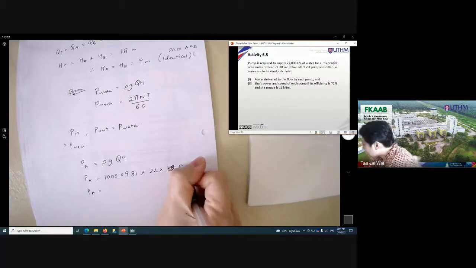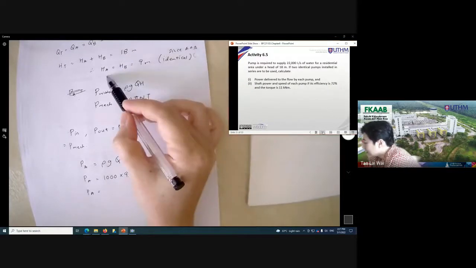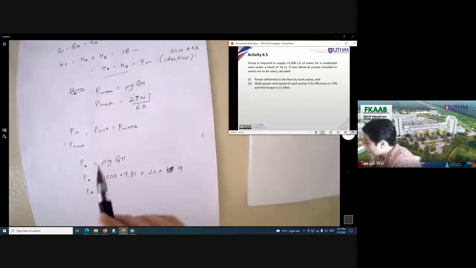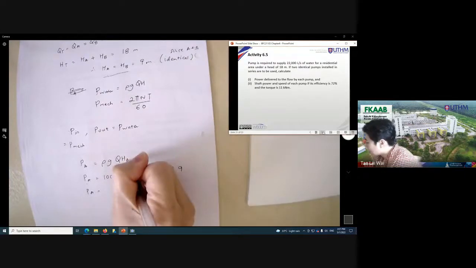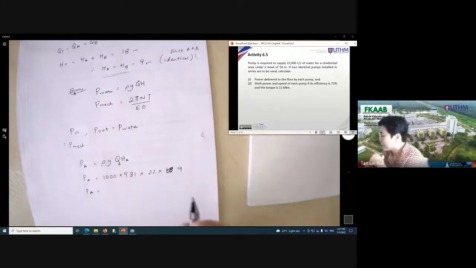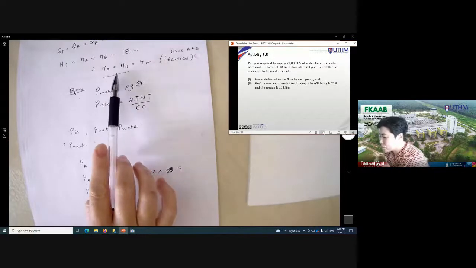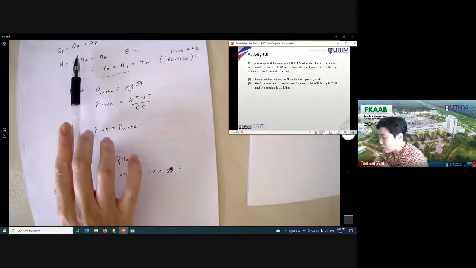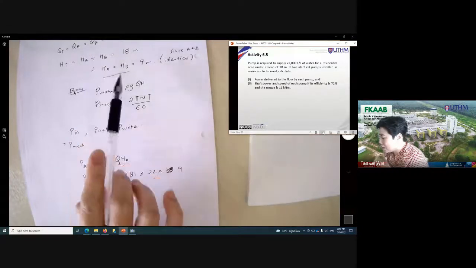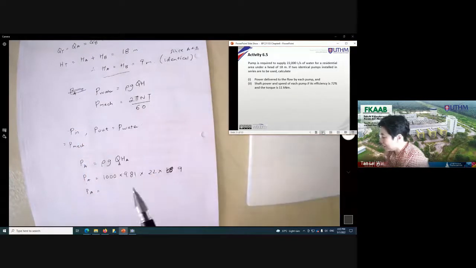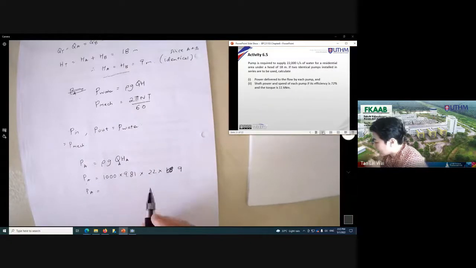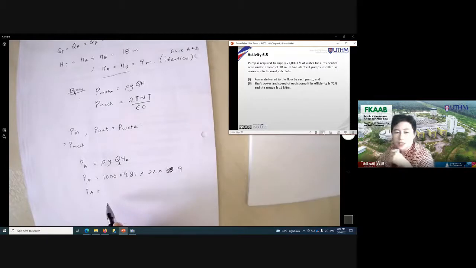This one is 9. See? Because I'm using A, right? This would be HAQA, all right? Be careful. That's why initially they asked us to find QA, HA, or HB, and then the power for individual pump. So this would be, could somebody help me?